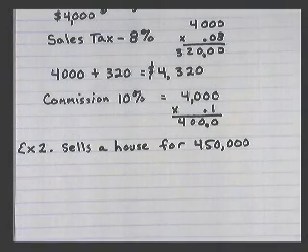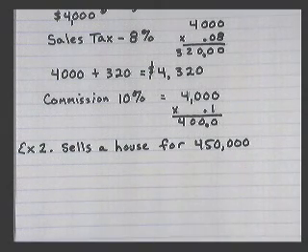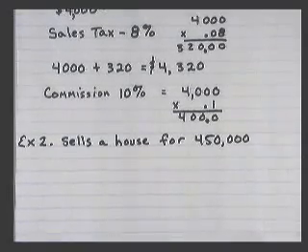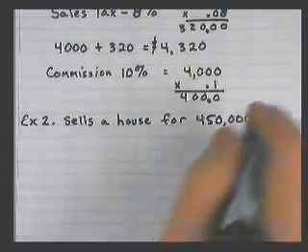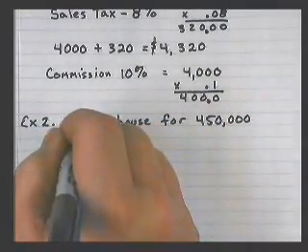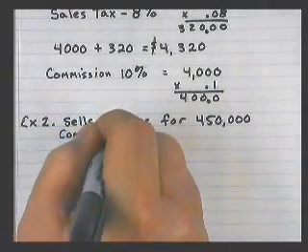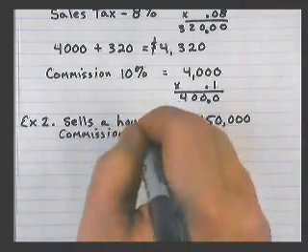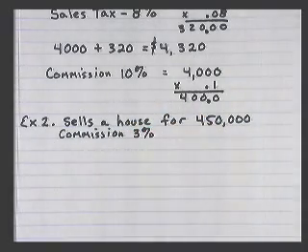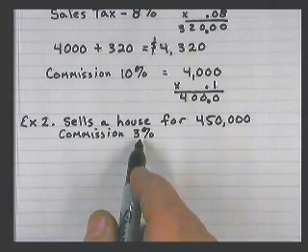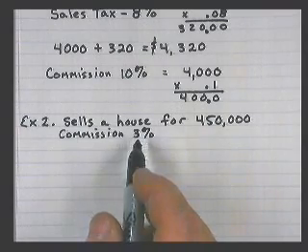Now we have a house for sale right over here up against our tennis courts for $450,000. Now what happens is the commission for a real estate agent is usually about 3% for each real estate agent. So total 6%, but each real estate agent gets 3%.